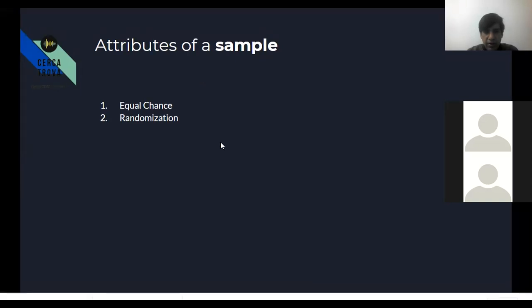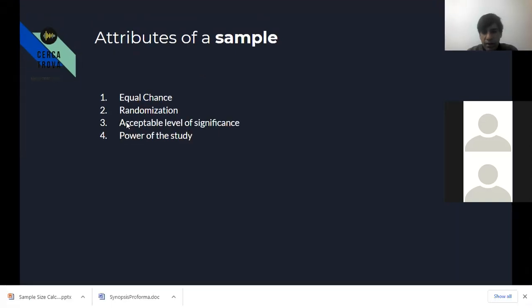The third characteristic of a good sample is that it should have an acceptable level of significance. We will be discussing this term in upcoming slides. It should add to the power of the study. The sample should have the expected effect size, and by effect I mean the sample should have the expected disease or the expected thing that you are studying, and it should be representative of the underlying event rate in the population, that is the disease that we are studying.